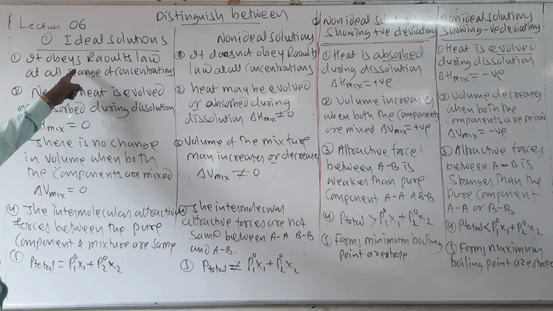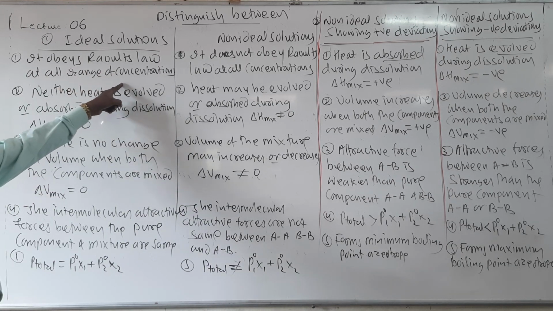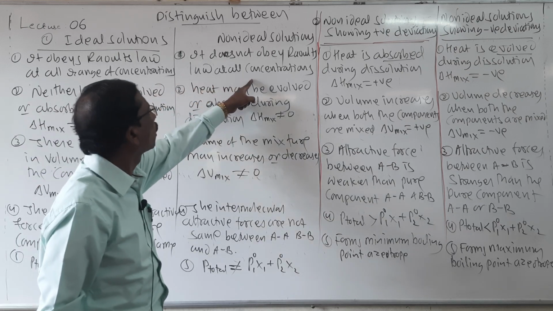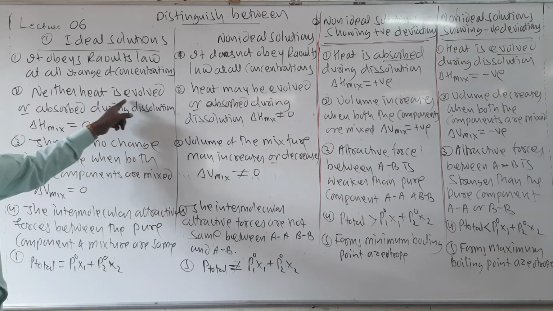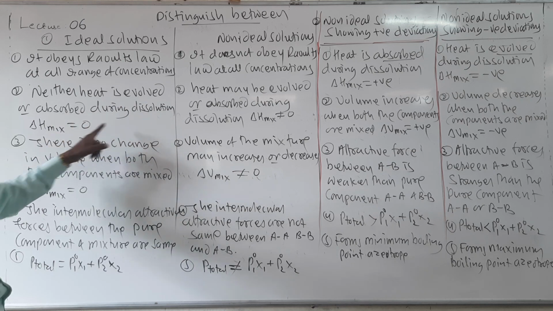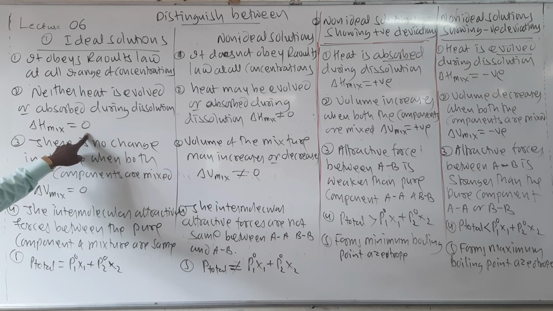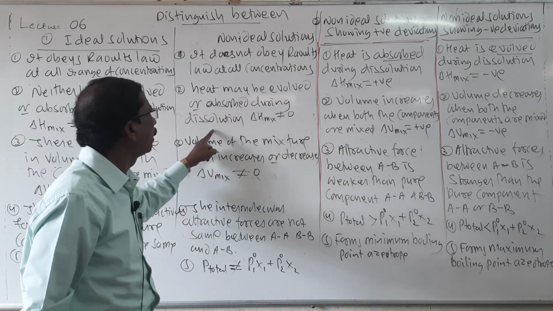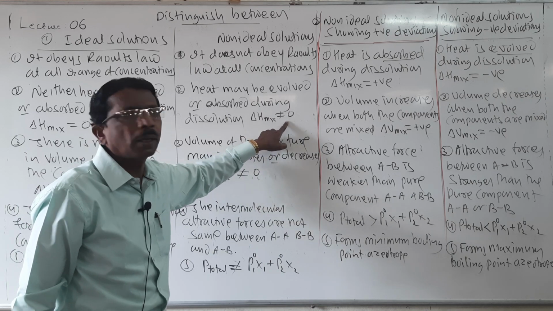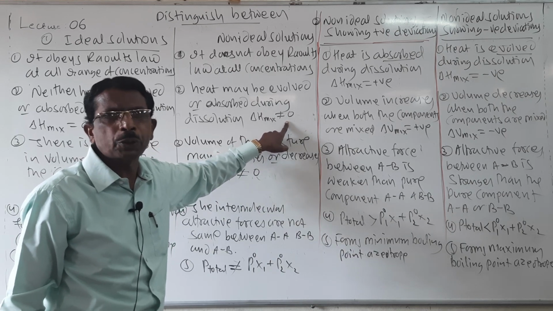First, you have to write that ideal solution obeys Raoult's law at all range of concentration, and non-ideal solution does not obey Raoult's law at all concentration range. And second one, neither heat is evolved nor heat is absorbed during the dissolution or mixing, delta H mix is equal to 0. And here heat may be evolved or absorbed during the dissolution, delta H mix is not equal to 0. It may be negative or it may be positive.